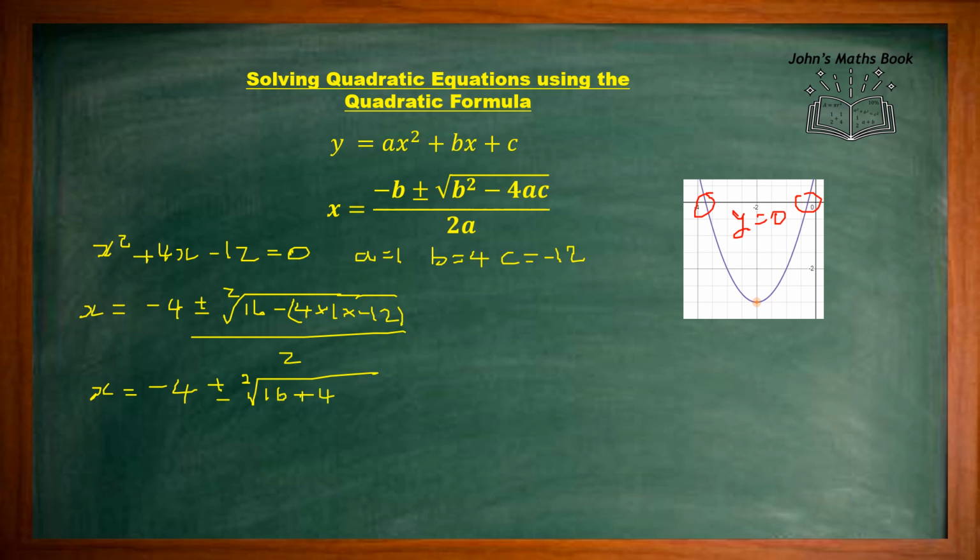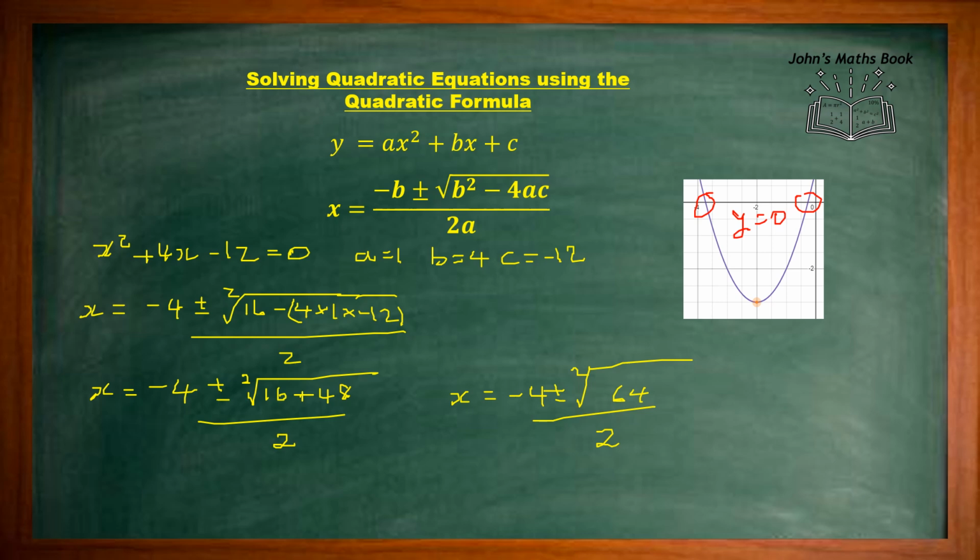That's all divided by 2. So that can be written as x is equal to minus 4 plus or minus square root of 16 plus 48. That gives 64. That's divided by 2.